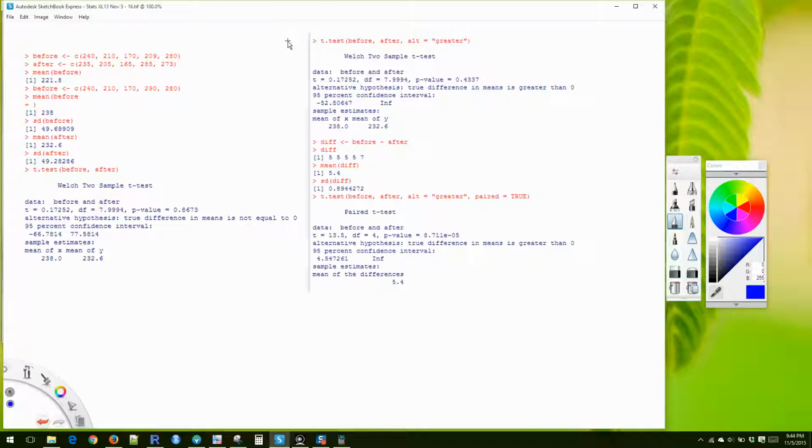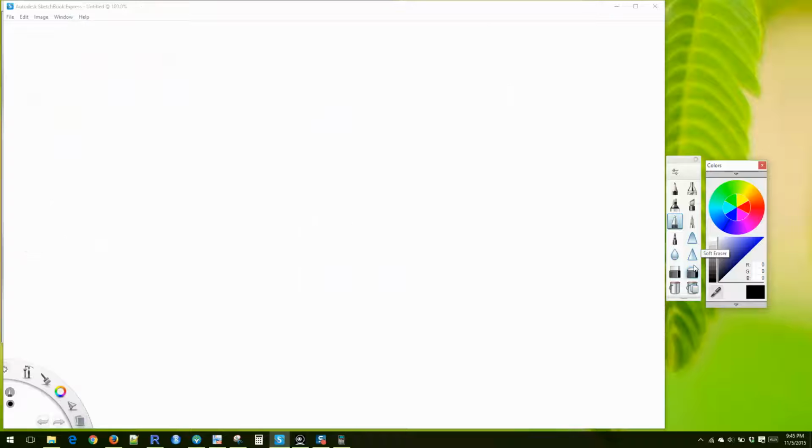Okay, with our last 15 minutes here, I want to talk about the relationship between hypothesis testing and confidence intervals. And I have several questions on the quiz related to this topic, so it's good to learn.